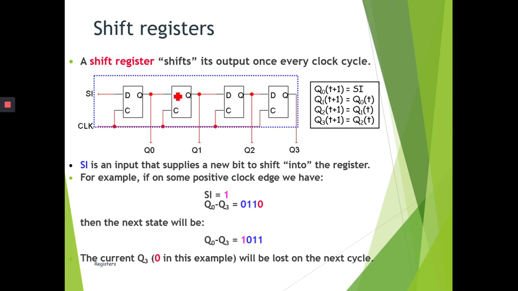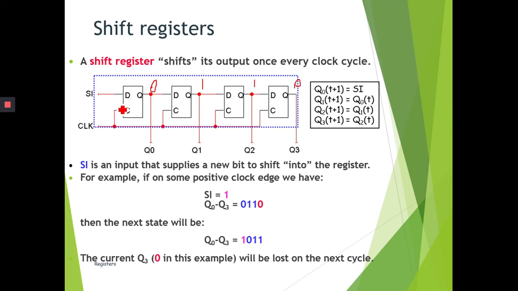There are 4 flip-flops here, with values Q0, Q1, Q2, Q3. In the example shown, Q0 is 0, Q1 is 1, Q2 is 1, and Q3 is 0.